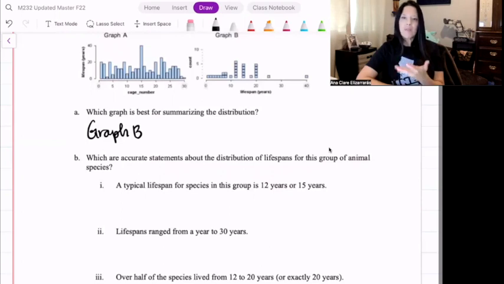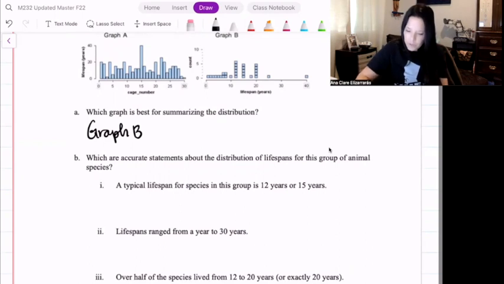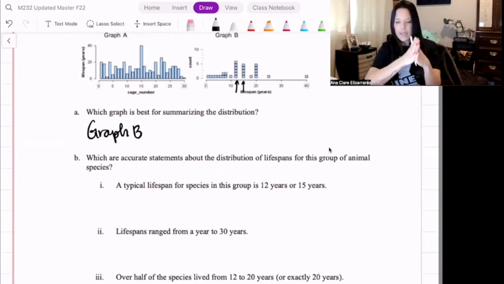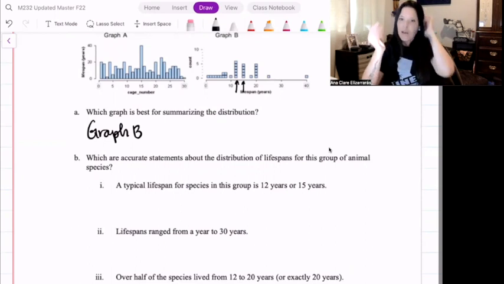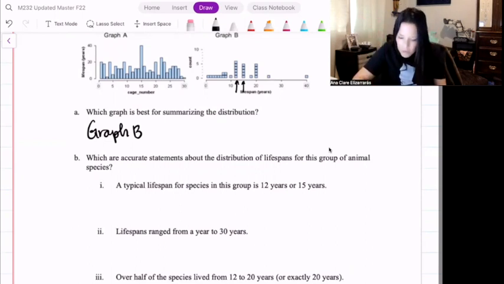So is the middle value around 12 to 15 years? If we look at graph B, 12 is this one and 15 is this one, and it's right in the middle, and it does have the highest peak. So I would say yes. Of the 30 animals, there are 1, 2, 3, 4, 5, 6 in the 12-year category and 5 here. So 11 out of the 30 were in the 12 or the 15-year group. So definitely.